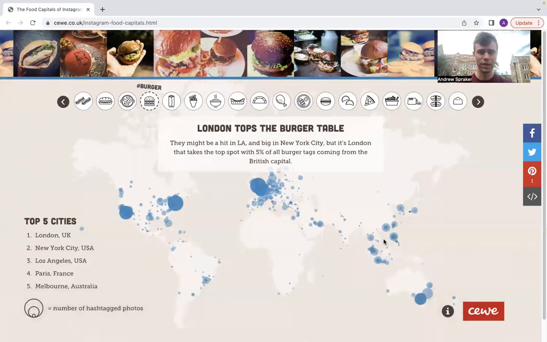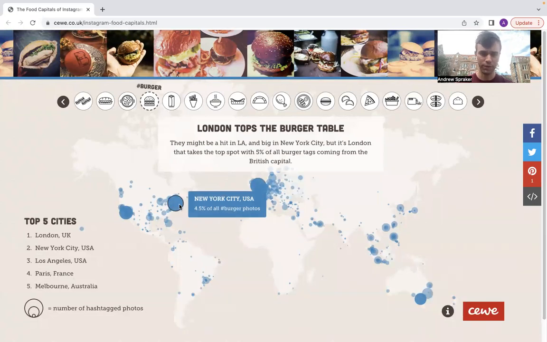So with that in mind, let's take a little bit deeper look at the map and what it's doing here. As we can see, it's using these circles to represent the intensity of the percentage of where these food hashtags are located. Personally, I'm not a huge fan of the size of the circles, just because if you see a circle this size, you're expecting it to be more than 4.5%.